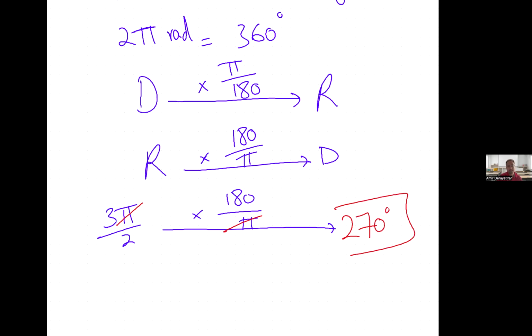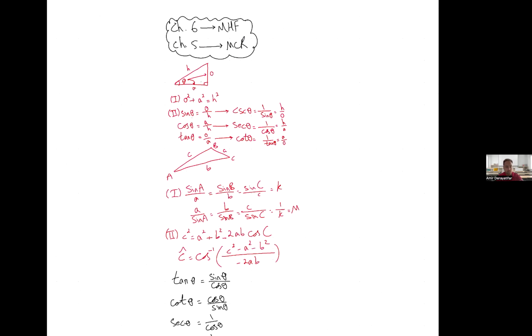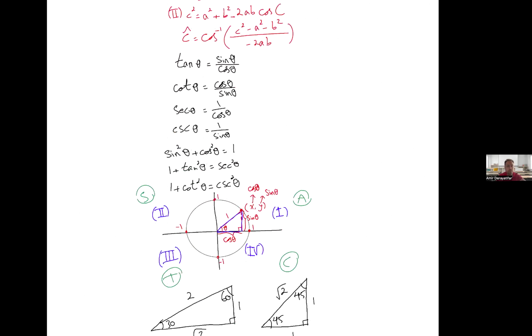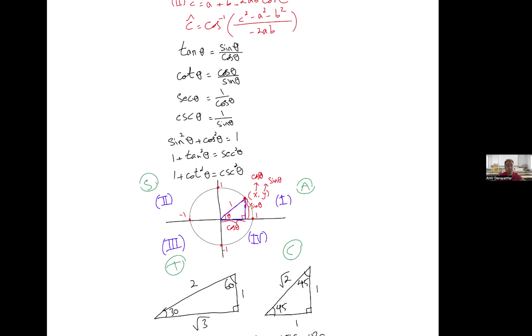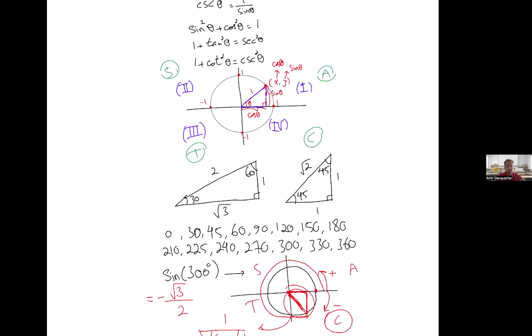Any questions so far before I continue? All good? Let me see if I can screenshot this. Up to here. The concepts of trig identities and trigonometry in general are easy if you understand what you're doing and if you understand the concepts well.